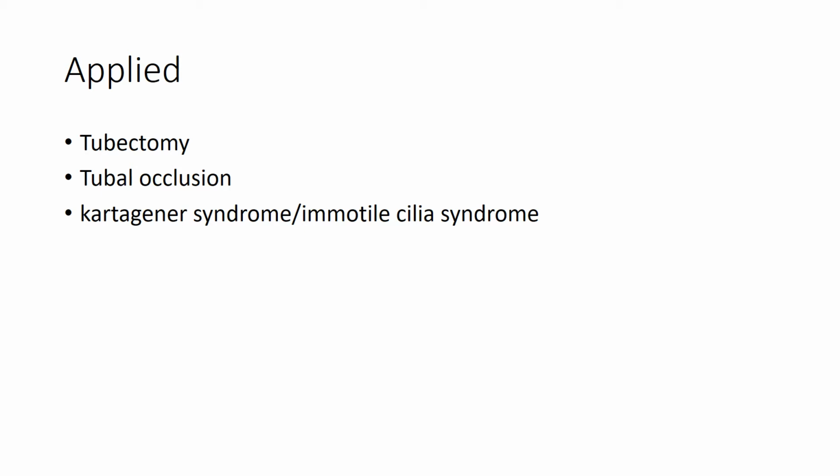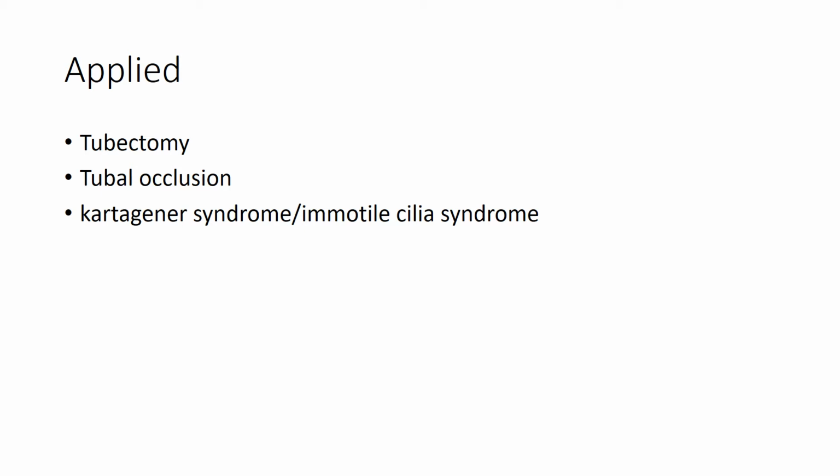Another condition is known as immotile cilia syndrome. As the name implies, there is immotility of the cilia in that condition, and that is a collection of syndromes that includes bronchiectasis, because the cilia in the respiratory epithelium in the lung don't move. Because of that, there's bronchiectasis, even sinusitis is there.